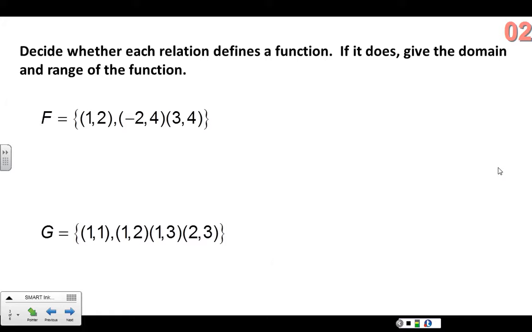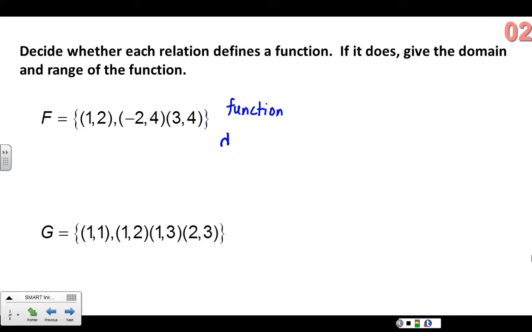If they don't repeat themselves, then it is a function. Now, if you were to repeat an x value and it gave you a different y value, that would cause this relation to not be a function. But in f, this is a function. Okay, and if we want to describe the domain, then we're going to talk about the x coordinates.